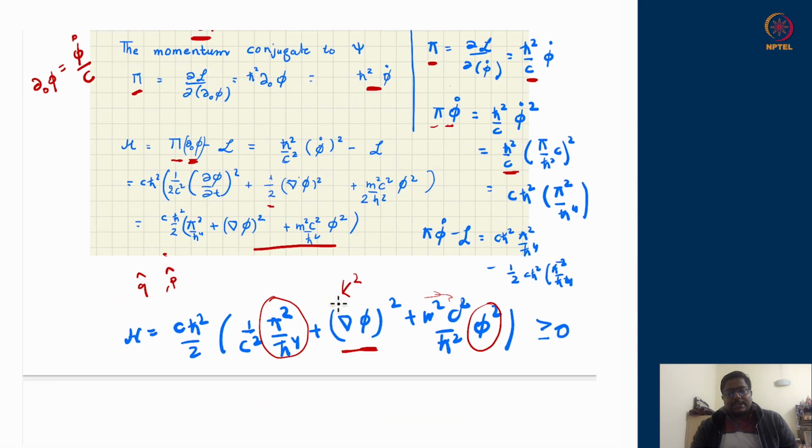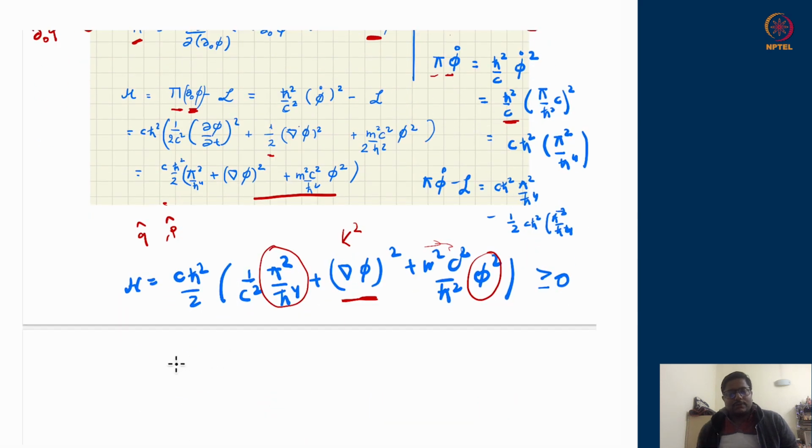So ultimately, if I stick to the definition of trading phi dot with pi, that is to say, define my Hamiltonian as phi dot pi minus L, while pi itself is defined as del L upon del phi dot, then this extra 1 over c square factor which I was getting in the definition of the Hamiltonian exactly gets cancelled out, and I will get only pi square plus gradient of phi square plus m square c square upon h bar square phi square.